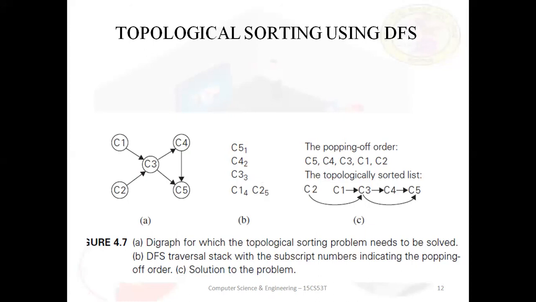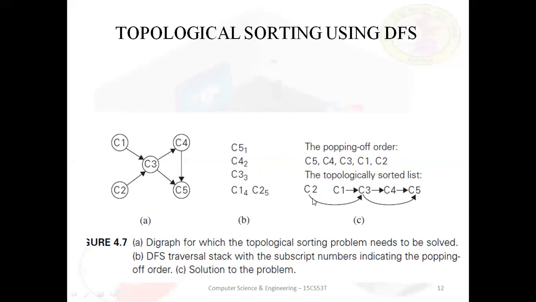Now, if we reverse the ordering, we can write it as: in the reverse order, C2 is first, then C1, C3, C4, and C5. As we can see, to go to C3, we can go from C1 and C2. So to complete C3, we need to complete both C1 and C2.